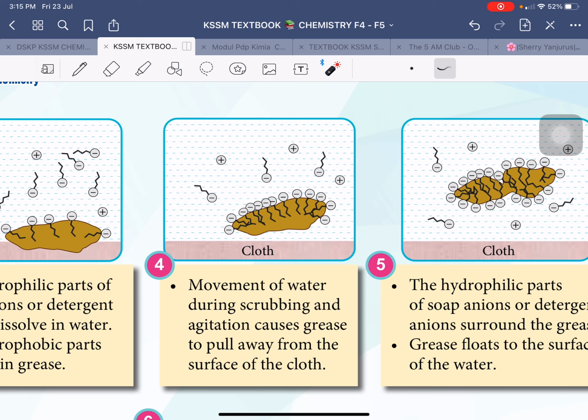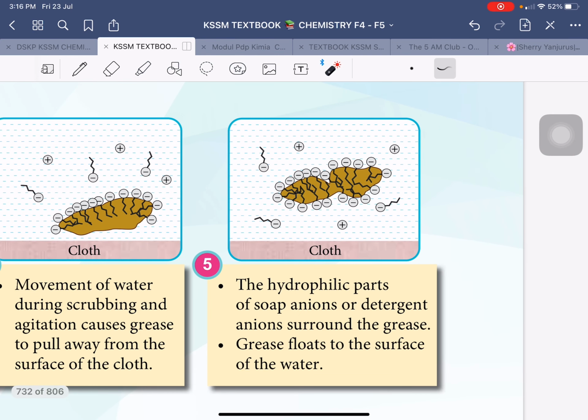Okay, semua proses itu will cause the water to move. Menyebabkan air akan bergerak. So the movement of water during scrubbing will pull away. Ini akan menyebabkan kotoran terkeluar dari baju. Because apa? Because movement of water. Kenapa water boleh move? Sebab ada scrubbing and agitation.